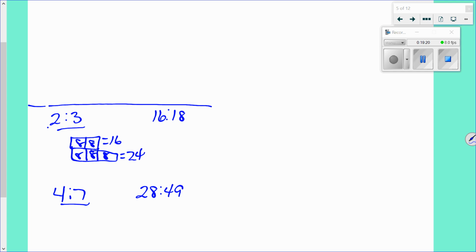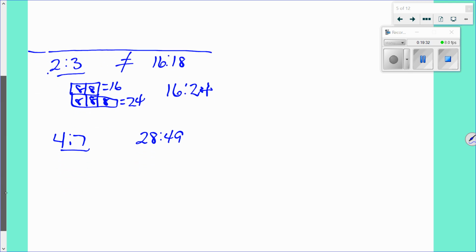So, no, they're not equivalent. An equivalent ratio would have been 16 to 24. Make sense? And you should have that written out in words. I told him to write the sentence from the previous page. Yeah, if you wrote the sentence over, that's great.